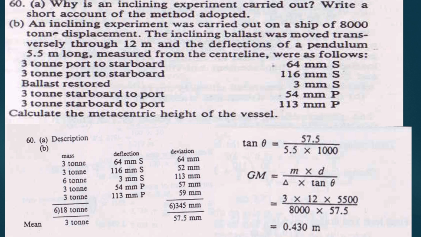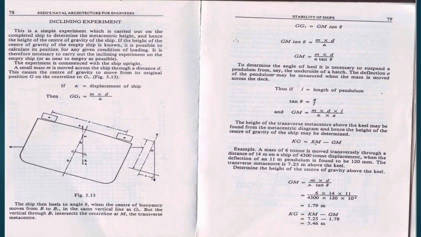Before this, you need to know about the inclining experiment. So you need to read this topic to understand. I hope you have studied this during your college time. This is an inclining experiment, which is used to find the metacentric height of the ship.